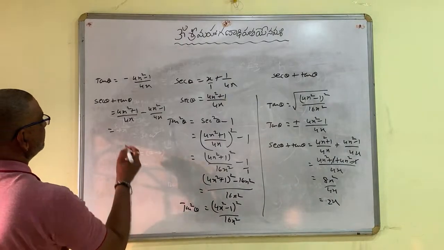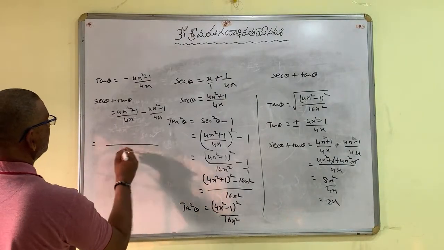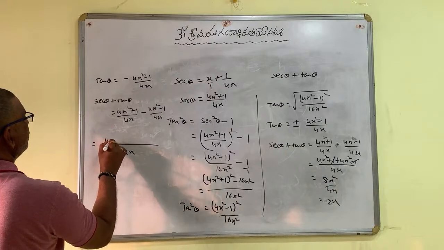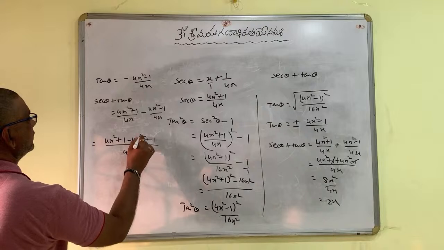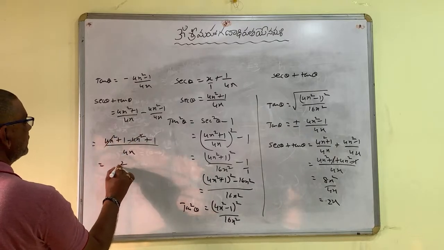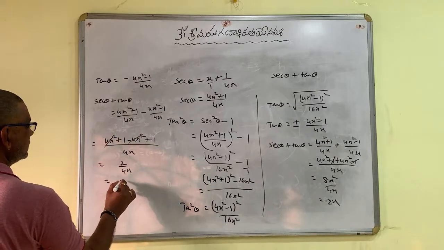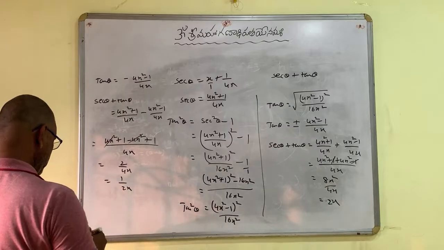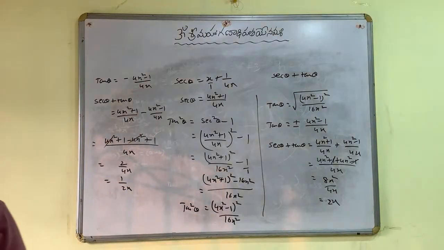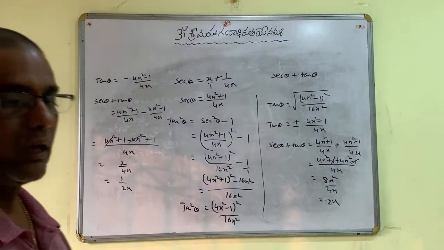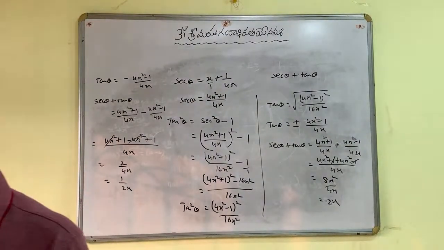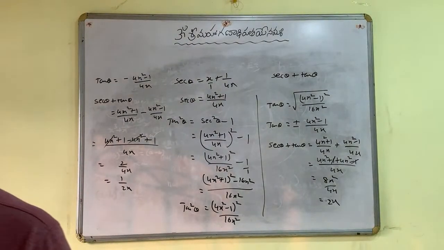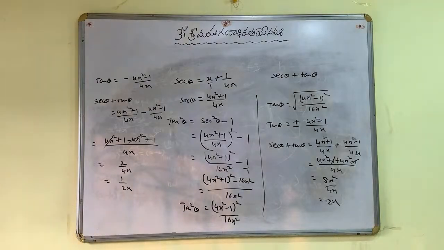Then what is the LCM? 4x square plus 1 minus 4x square plus 1. The 4x square terms get cancelled, 2 by 4x, that is 1 by 2x. So secant theta plus tan theta value is either 2x or 1 by 2x.